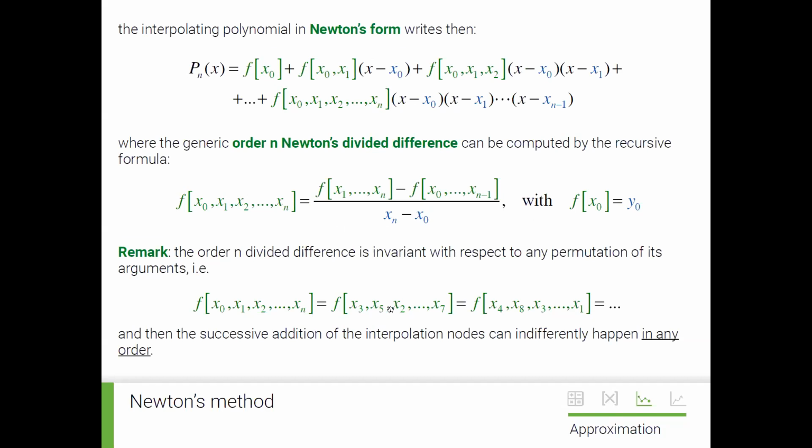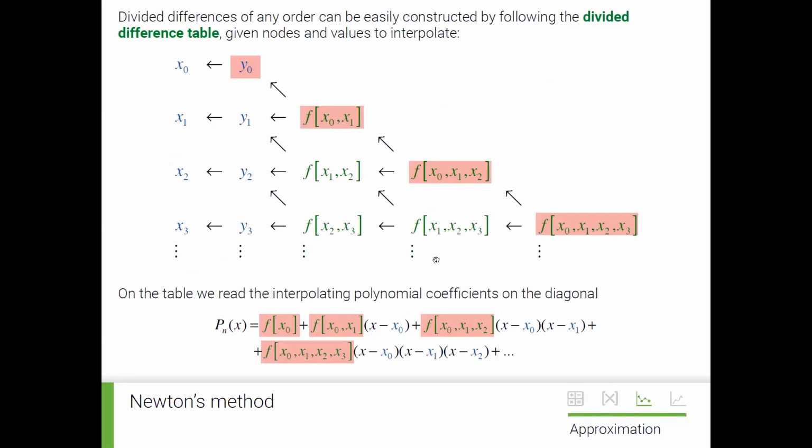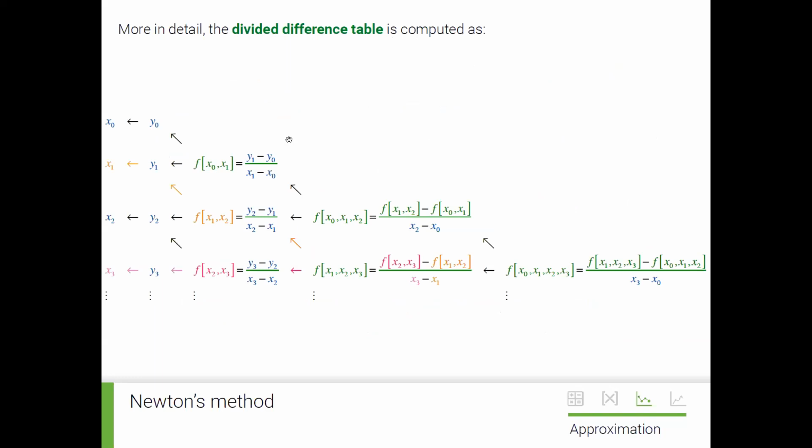The order is invariant with respect to any permutation: if we change the order of these nodes, the values are equal. And now, in more detail, the divided difference table is computed as follows.